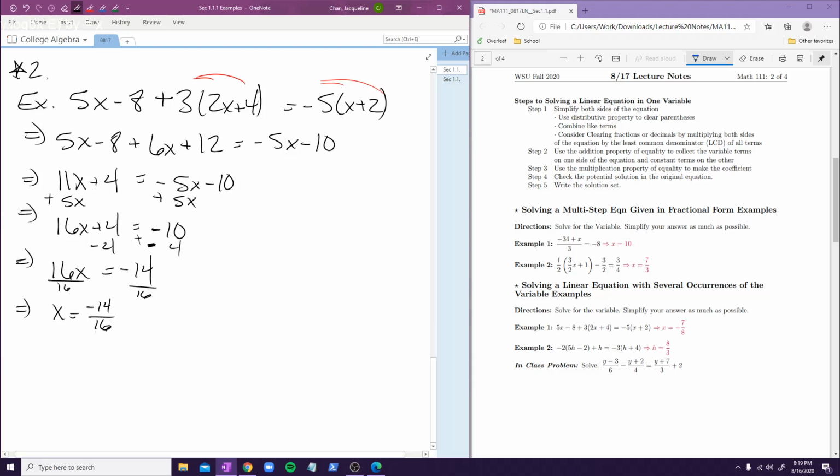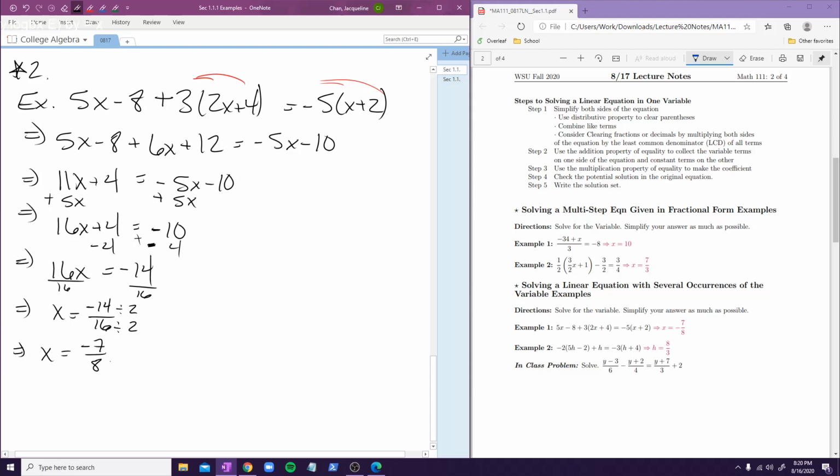Right? Simplify your answer as much as possible. I see a 14 and I see a 16. When they're both even, what does that mean? It means they're both divisible by 2. Okay, so I'm going to divide both top and bottom by 2, right? Because when you do that, you're essentially just dividing by 1. So it's the same thing. So this gives me negative 7 over 8.